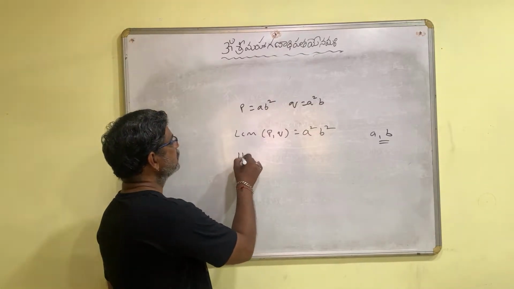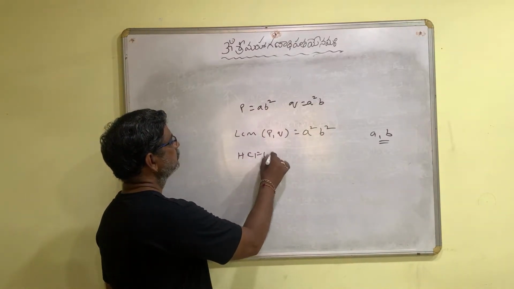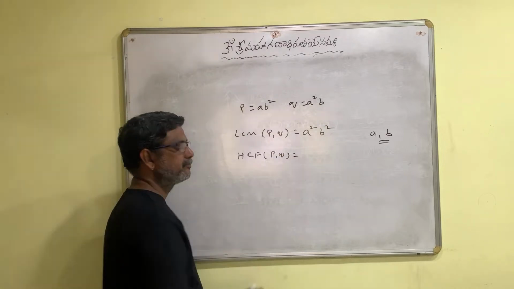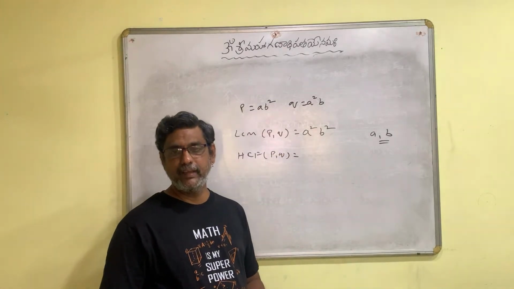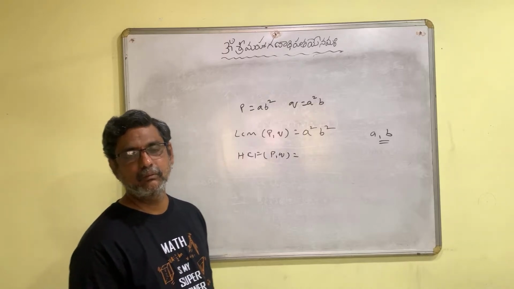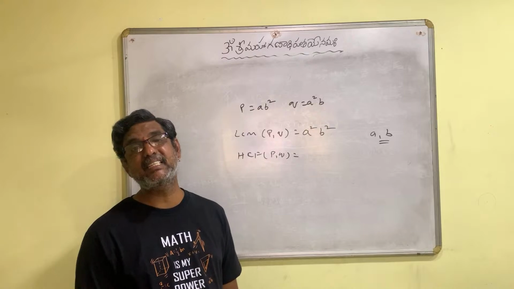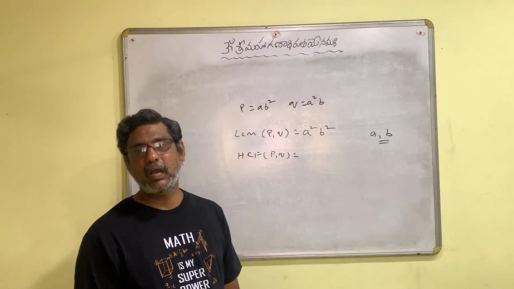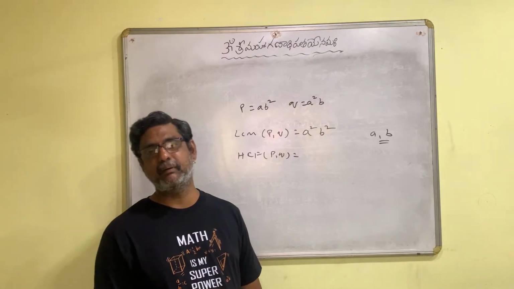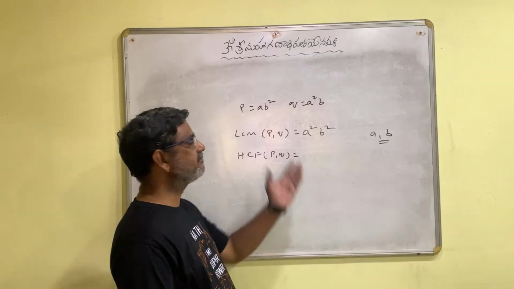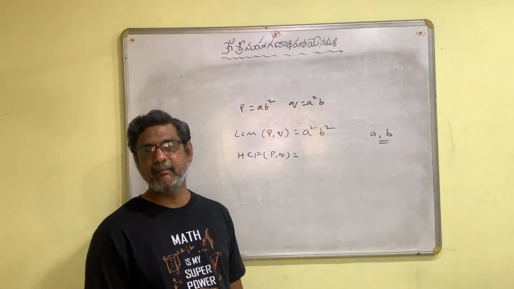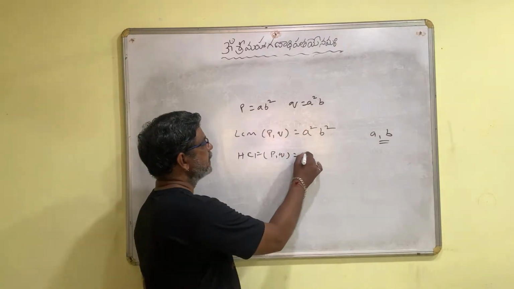Suppose if I ask you to find out HCF, I told you, common prime factors with least power. So common prime factors A and B with least powers means AB.